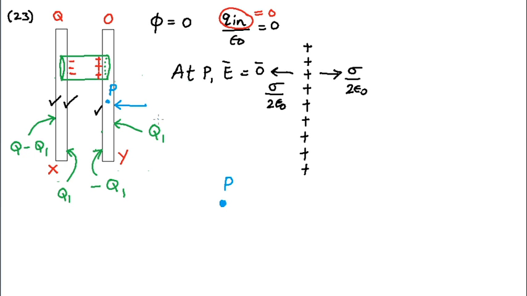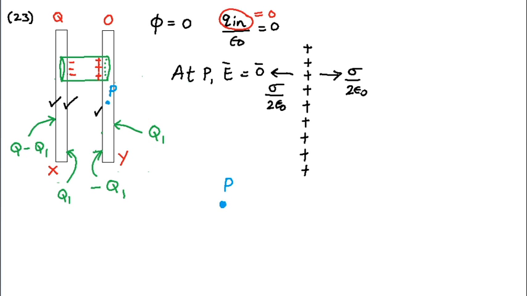It is this plane which carries a charge of Q1 assumed to be uniformly distributed, and so clearly the field because of that plane would be in this direction, and it would be sigma upon twice epsilon naught, and sigma of course of this particular plane is the total charge, which is equal to Q1 divided by the area of that side, which is A, and this of course I divide by twice epsilon naught. That's going to be the field at P because of this Q1.